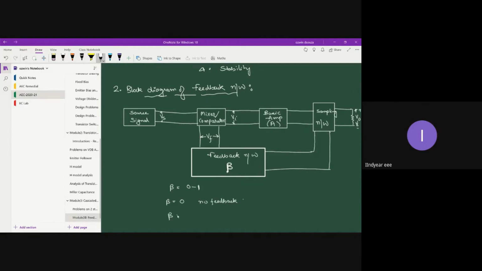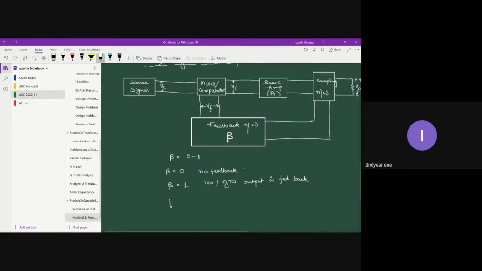On the other hand, if beta is equal to 1, then 100% of the output is fed back. On the other hand, if you keep a fraction, let's say beta is equal to 0.5, that means to say 50% of the output is fed back.